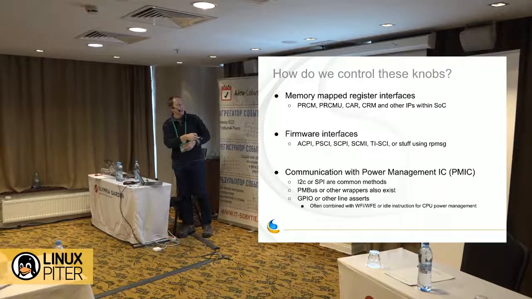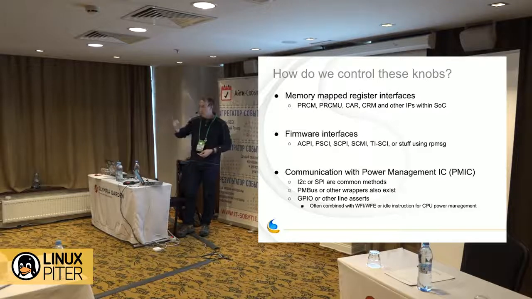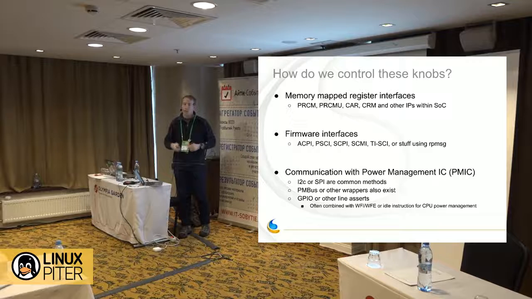This one is nice, it's Power Resource Clock Manager Unit, which is a big difference. CAR, I think, is clock and reset controller. Yeah, I think I just made that one up. I don't even know what CRM is. But anyways, they all kind of do the same thing, right? There are some memory mapped registers that you touch, and they control regulators, clocks, resets, and power related stuff. Adaptive voltage scaling.